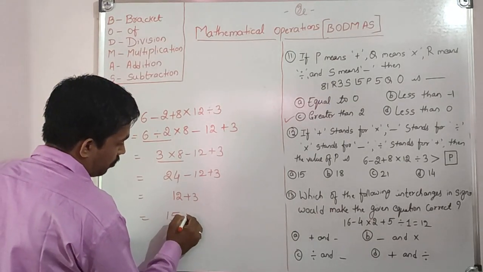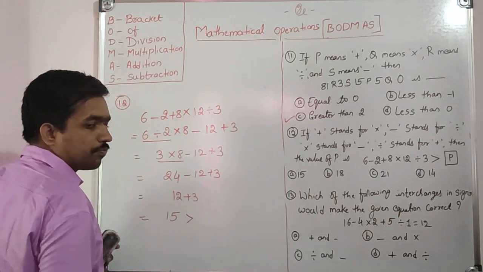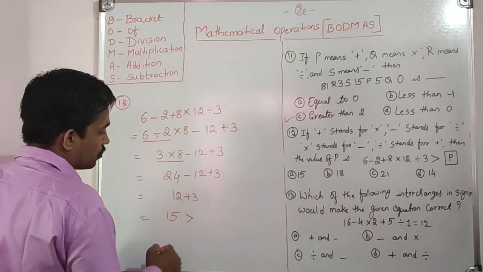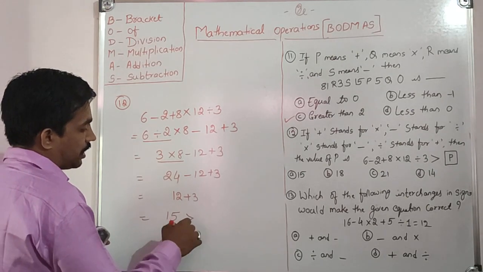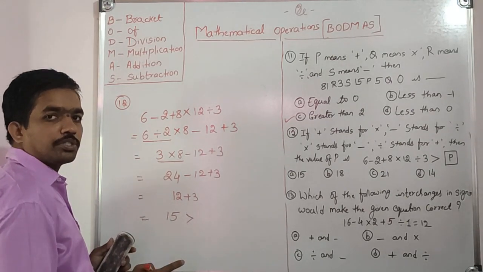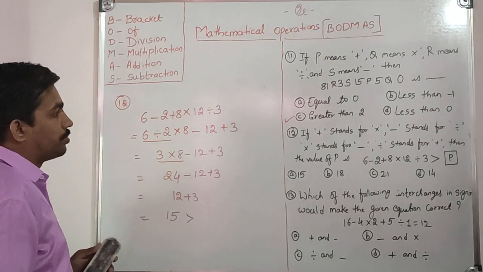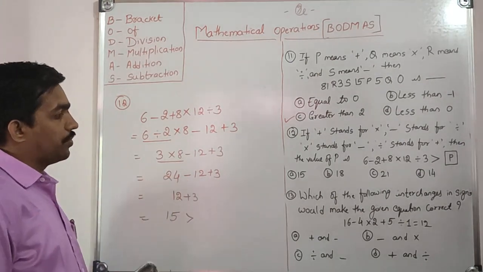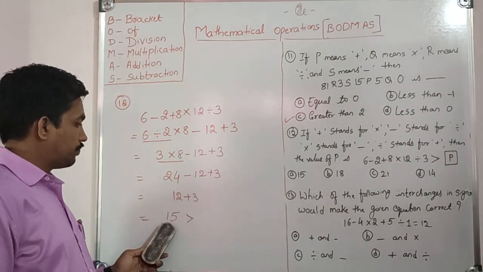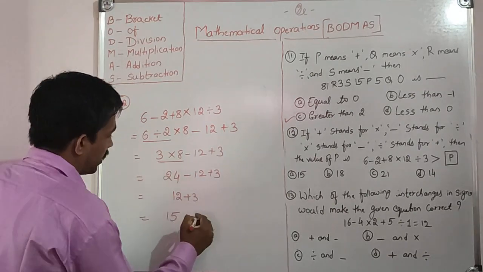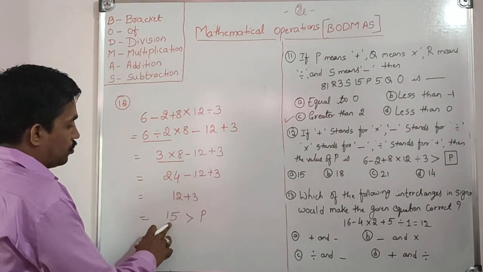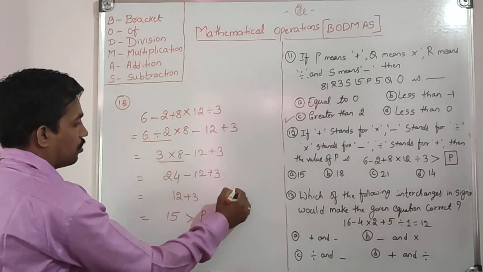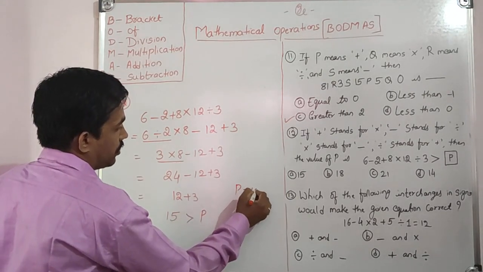But what they told, what is the value of P? So what is the value of P means this number is greater than some other numbers from the options. So we have to see the options now. So first they have given 15. Is 15 greater than P? So this is our P value. P equal to 15.